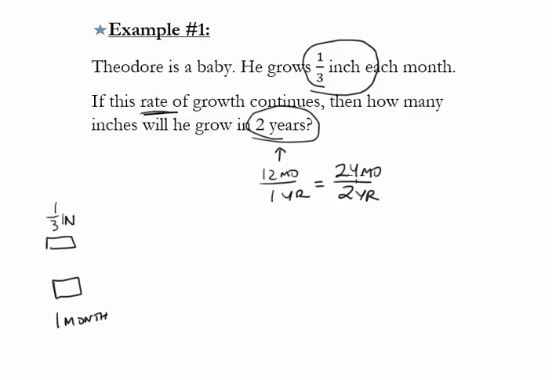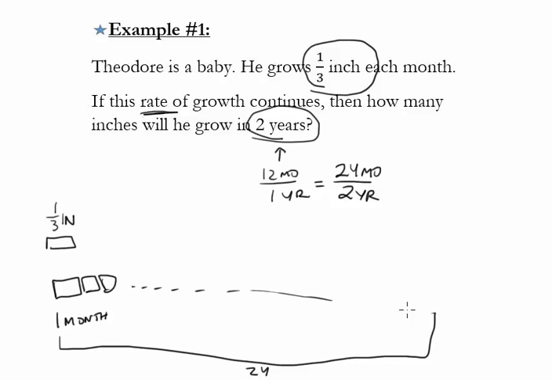That's actually a proportion. We'll get to that. But yes, there are 24 months in 2 years. So the question really is, if 1 month is worth 1/3 of an inch, how much is 24 months? If we had 1, 2, 3, all the way to 24, and every one is worth 1/3 of an inch, 24 of them would be worth 24 of those.